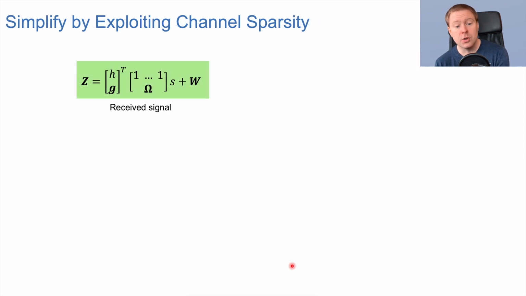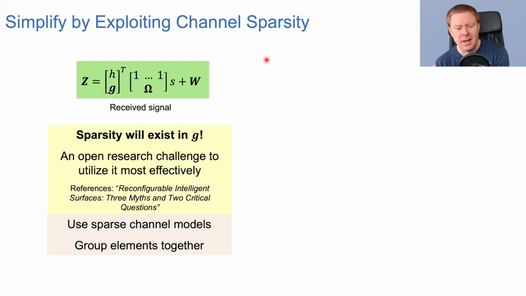So what we could potentially do is to simplify the entire estimation problem using channel sparsity. And we know that channel sparsity exists in G, and I have already described this type of thing, how we can model it, that there will probably be dominant paths. But it's still an open research challenge to utilize this structure in the most effective manner, particularly because we have a cascade of channels.